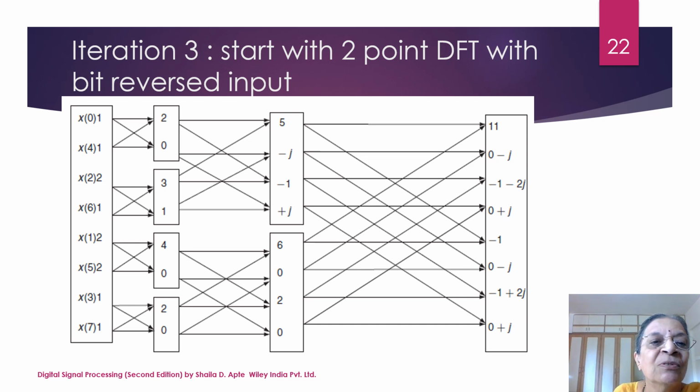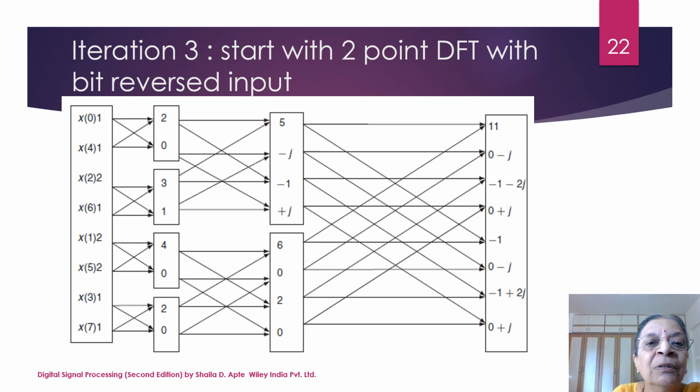So these are the values x0, x4, x2, x6, x1, x5, x3 and x7. Now what you do, you just add and subtract and execute this 2-point DFT computation. Now on these, we consider 4-point DFT computation on these 4 points.